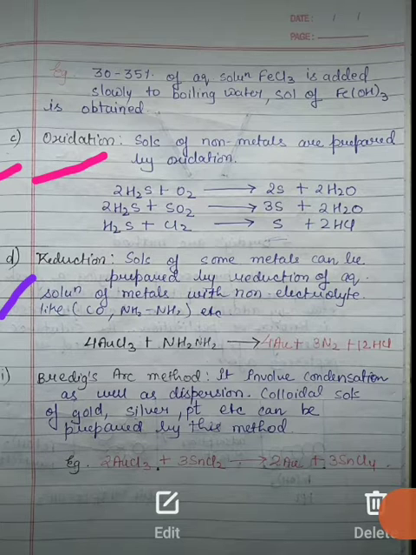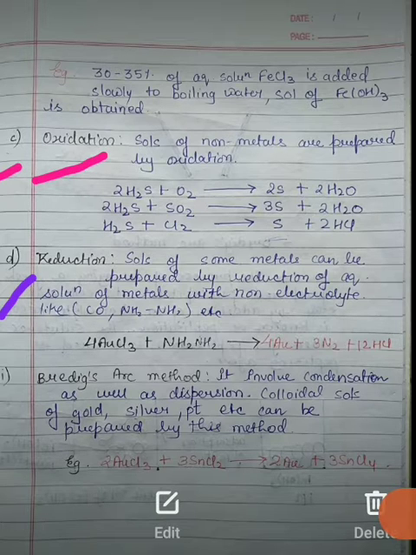Now students, let's talk about the fourth, that is reduction. If we want to get sols of metals, then sols of some metals can be prepared by reduction. Here the aqueous solution of a metal salt is reacted with a reducing agent. We have to know some of these, that may be hydrazine or carbon monoxide.